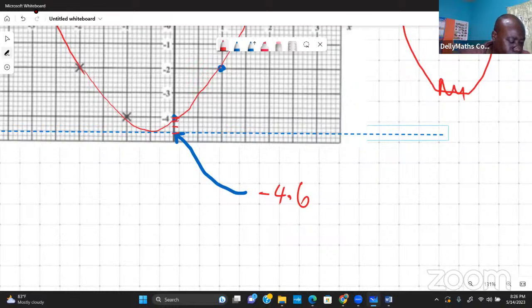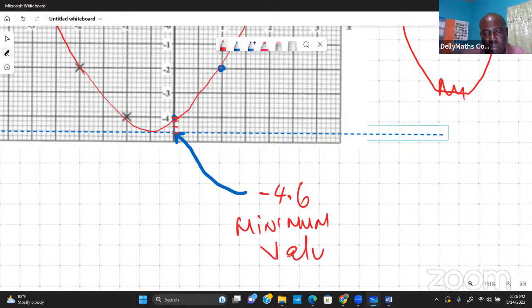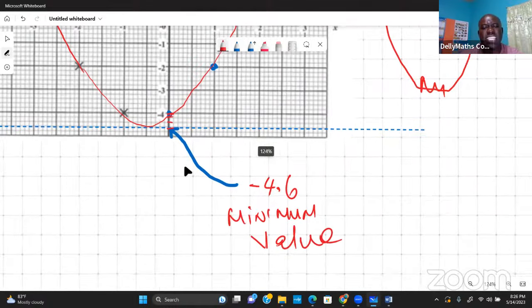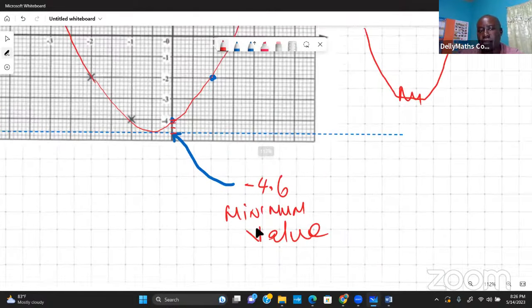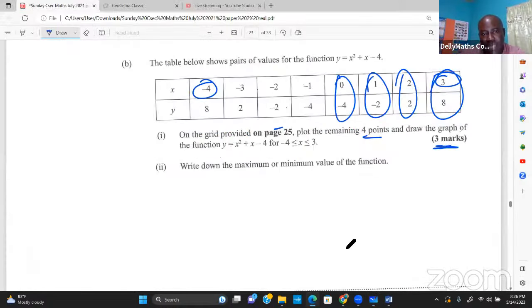Now, that's the minimum value, negative 4.6. It does not go below that. Take a look again. The question says, write down the maximum or the minimum value of the function.